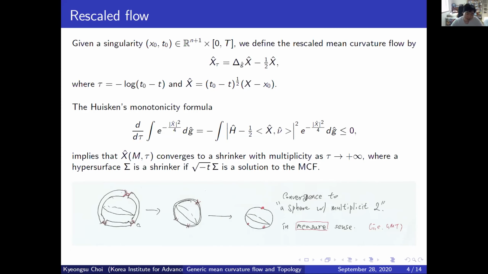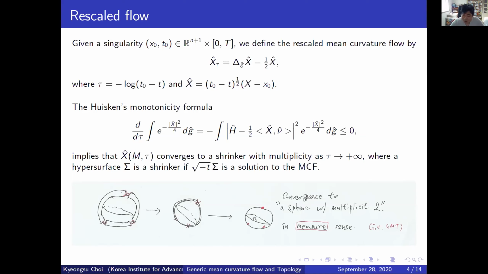Okay, here I have a sphere and another sphere, one inside the other, and let me connect these two spheres by an X. Probably these two spheres converge to more and more round spheres, and then maybe this neck would degenerate to a point.